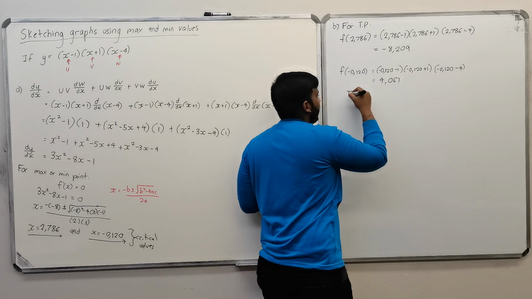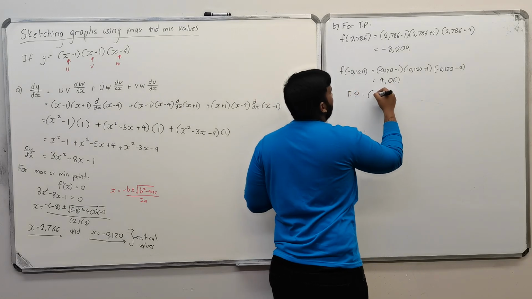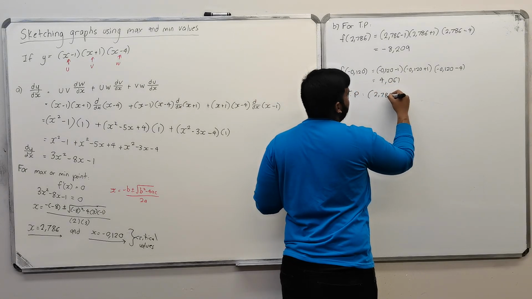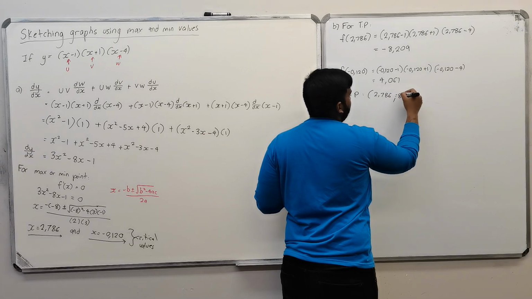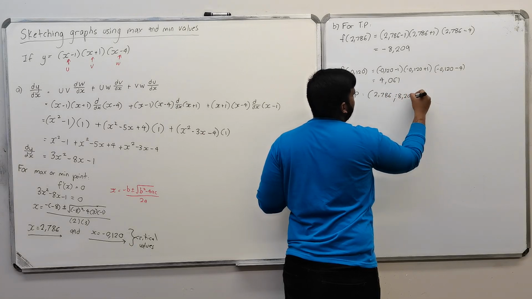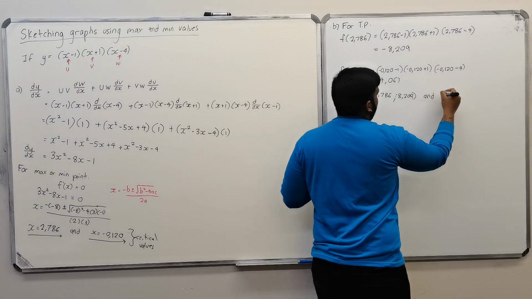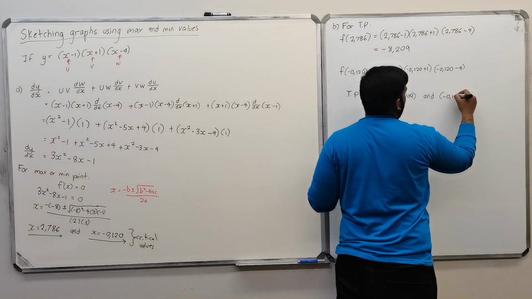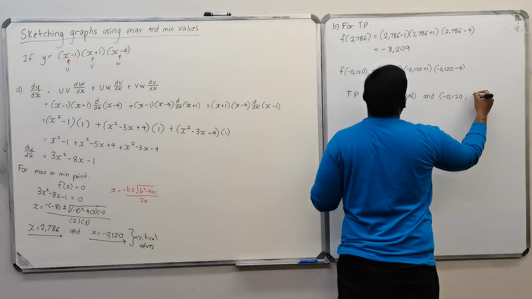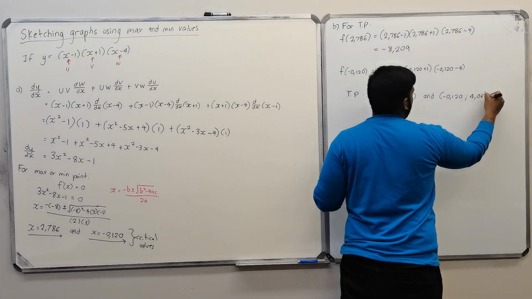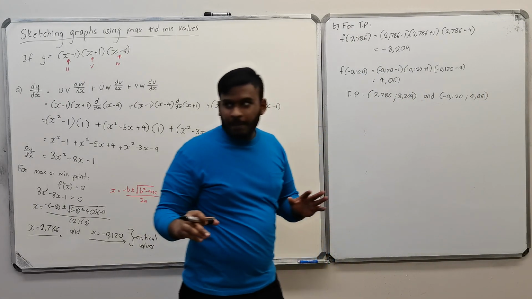So your turning points are 2.786 and negative 8.209, and minus 0.120 and 4.061. So far, you guys with me?